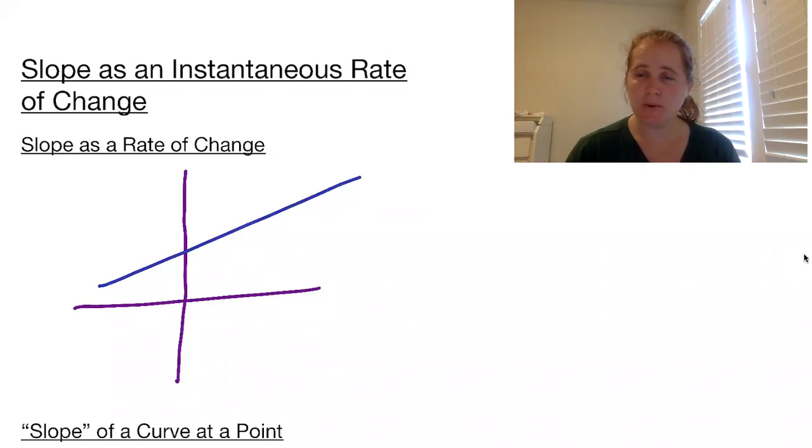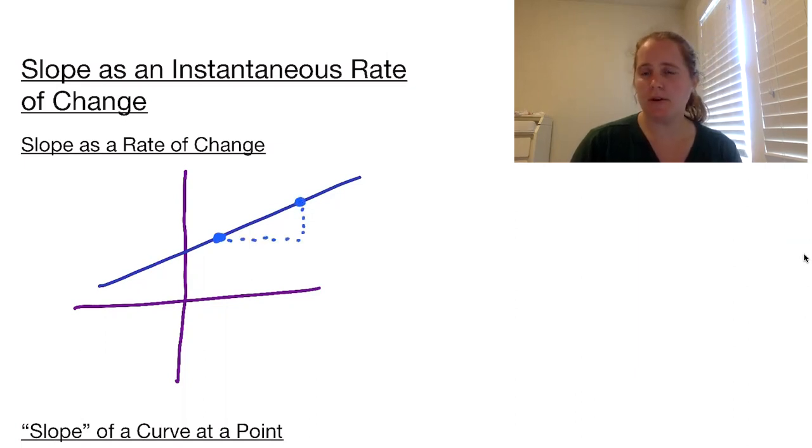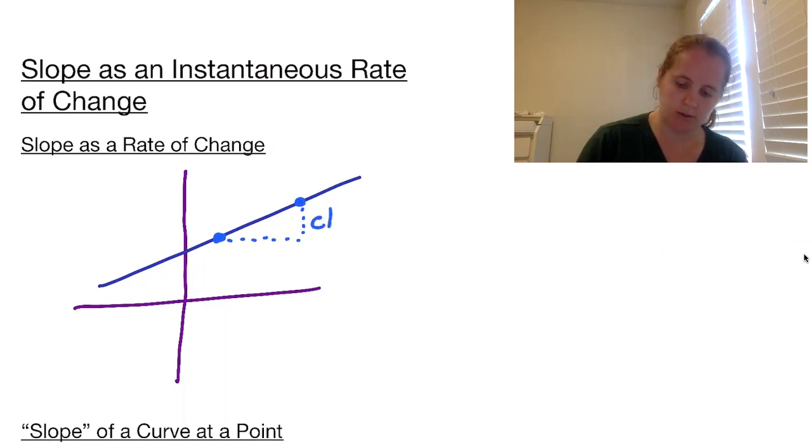right? The slope of the line was found by taking 2 points and finding the change in y value per the change in x value. Right? So this was our change in y over change in x.